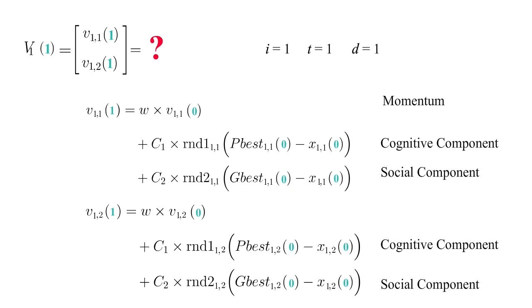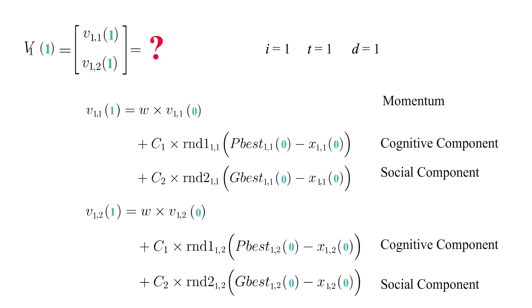The third section is known as the social component. It influences how a particle adjusts its position based on the best known position in the entire swarm, known as the global best position, gbest. This component encourages particles to move towards the best solution. The term gbest minus x calculates the distance vector from the particle's current position to the global best position, indicating the direction in which the particle should move to potentially improve its solution.